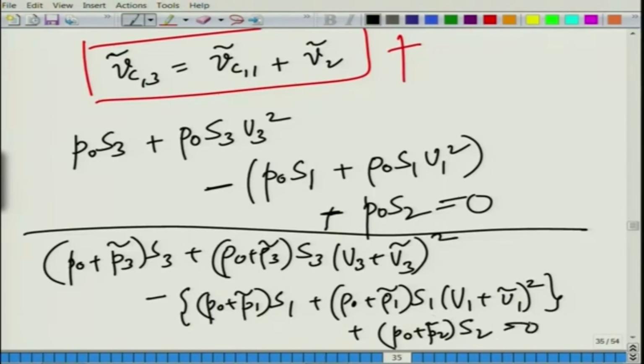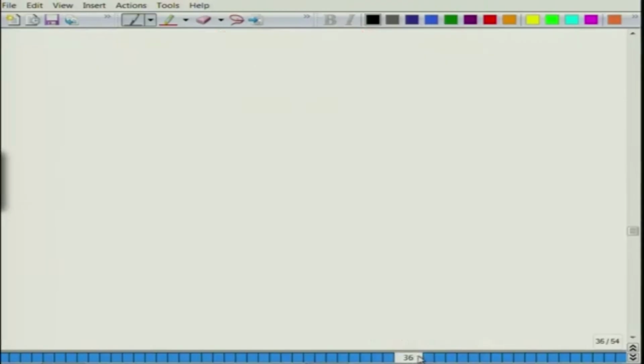So, we get that. Now, again we will subtract the star marked equation from the double star equation, and one can do the algebra, dropping second order terms, and the first order 0th order terms anyway cancel out.